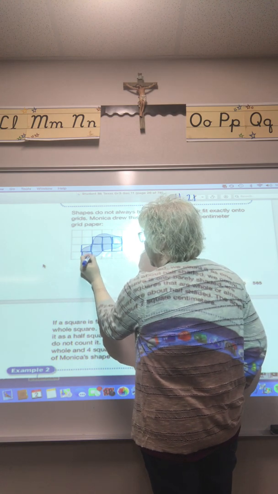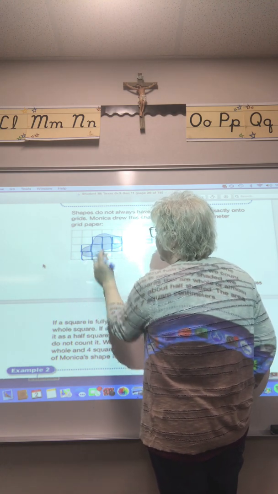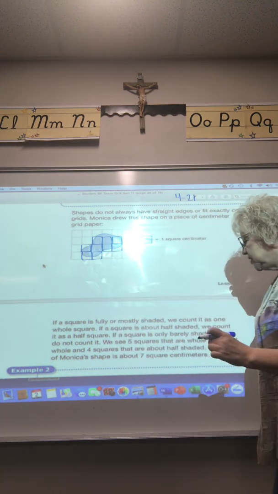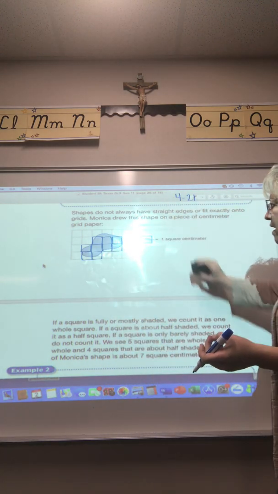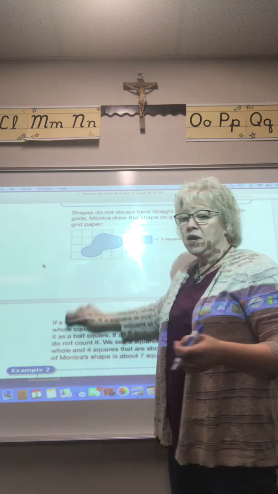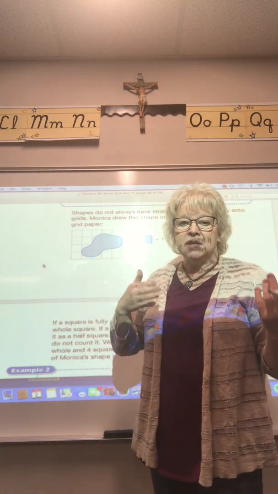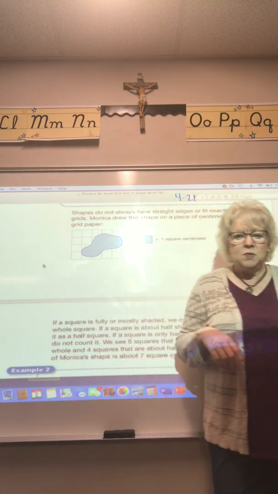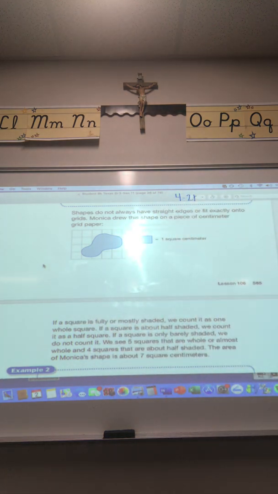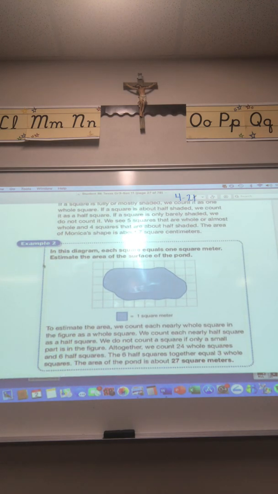This might make 8 if you did those two together, and these you would not count. So you would have 7 or 8 depending on how you count it. You have to remember, it's an estimate, and sometimes the way some people estimate is different than other people, so you might get different answers. But it's about 7 square centimeters.